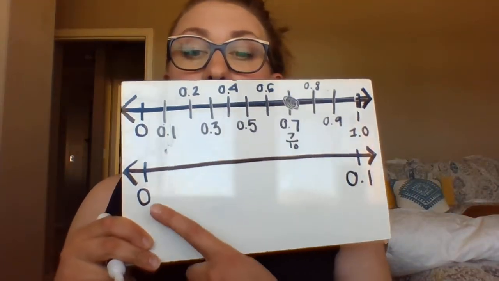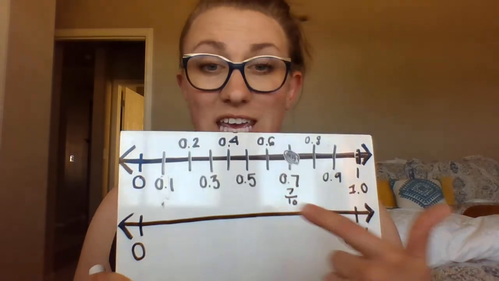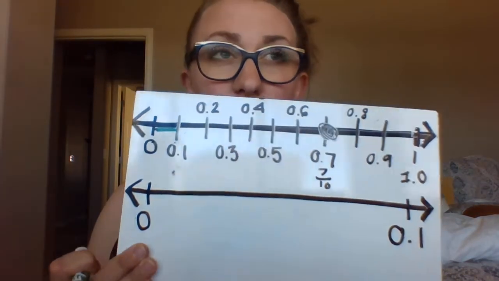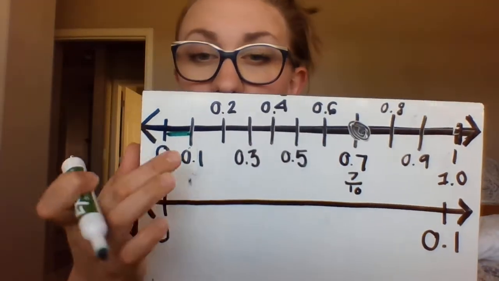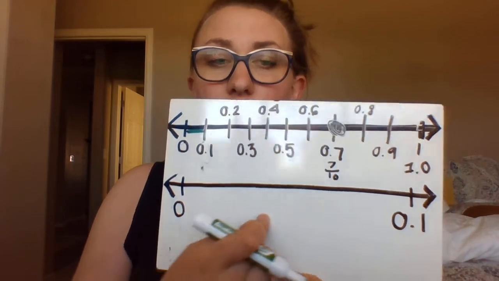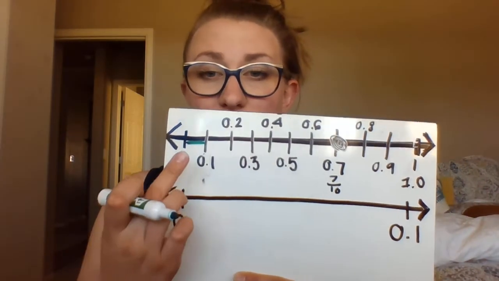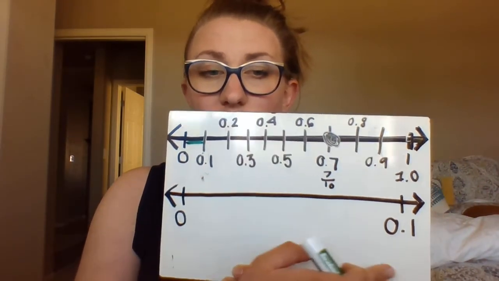Now, down below here is like zooming in on this number line, on just this piece. Like zooming in on the piece between 0 and 1/10. So I just colored in green there what we're zooming in on. You can see right here, this number line now is showing the space between 0 and 1/10.